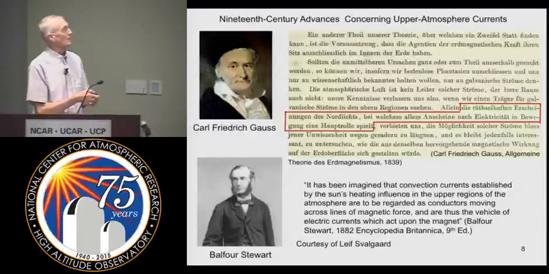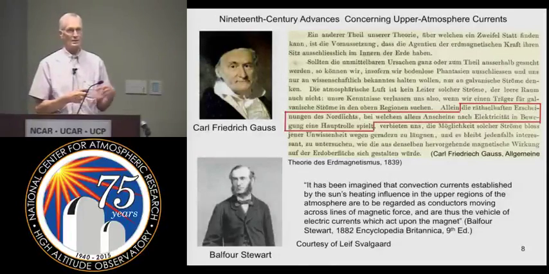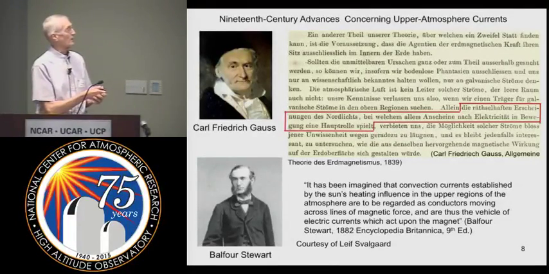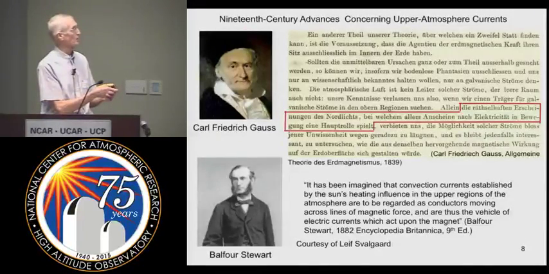And in fact, he left open the possibility that some part of the magnetic field is coming from outside the Earth, based particularly on the observations of the northern lights that seem to have the appearance of electricity in motion.